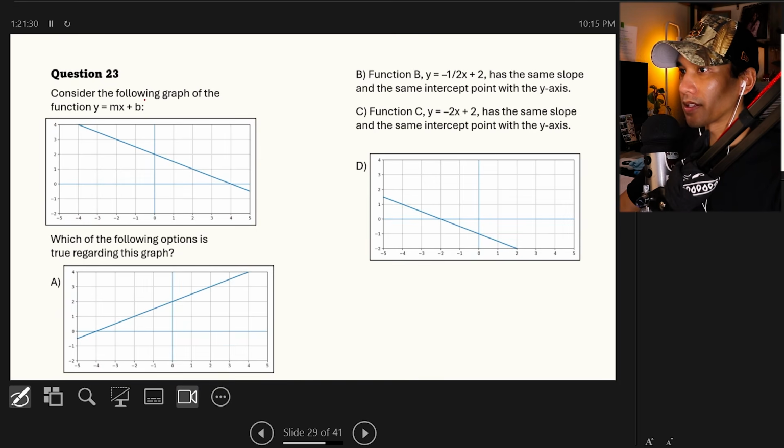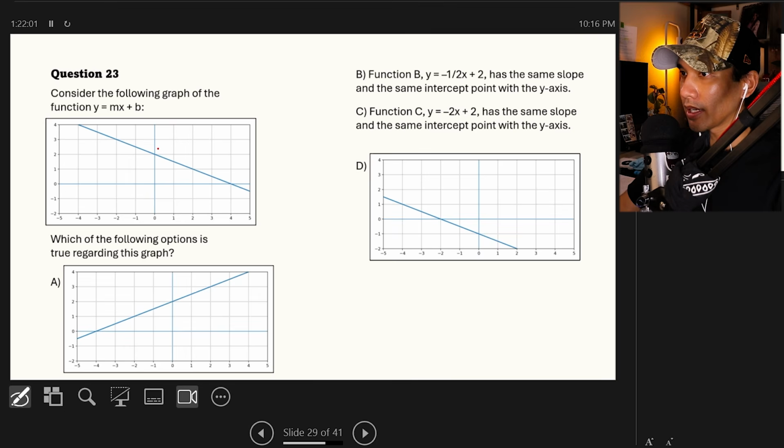Okay. Consider the following graph of the function y equals mx plus b. Which of the following options is true regarding the graph? Again, you would just find 2 points on the graph, find what the slope is using y2 minus y1 over x2 minus x1, and then find the y-intercept by plugging 0 for x.